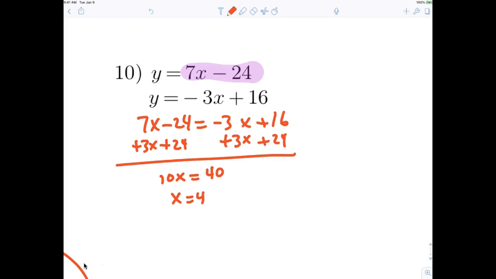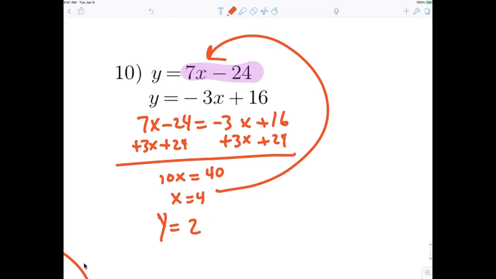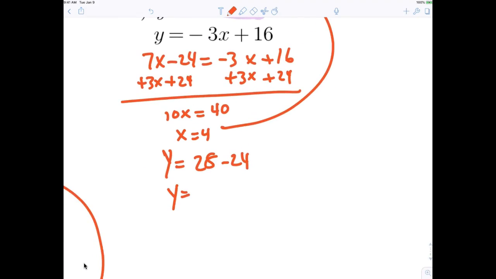Yeah. All right. So if x equals 4, plug it in. Y equals 28 minus 24. So y is also what? Y is also 4. So my answer is an ordered pair, 4 comma 4.